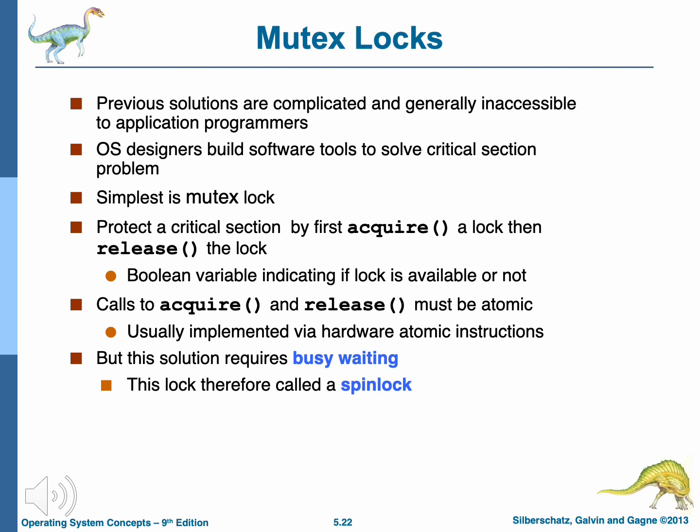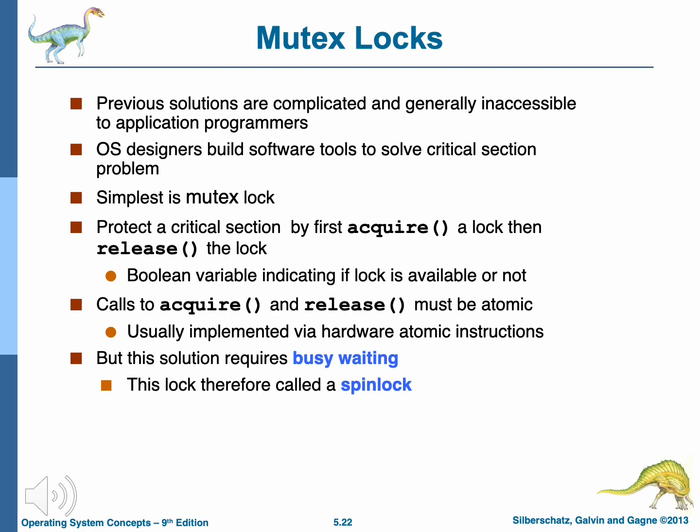The acquire function acquires the lock and the release function releases the lock. A mutex lock has a Boolean variable available, whose value indicates if the lock is available or not. If the lock is available, a call to acquire succeeds and the lock is then considered unavailable.